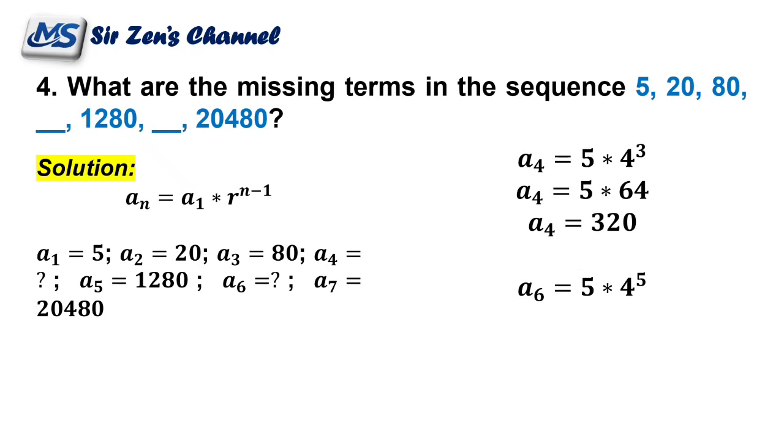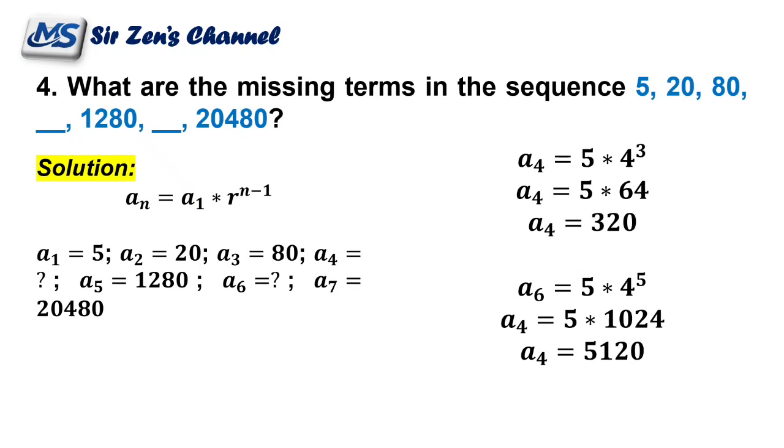Simplifying 4 raised to 5, that is equal to 1024. Multiplying 1024 by 5, that is equal to 5120.